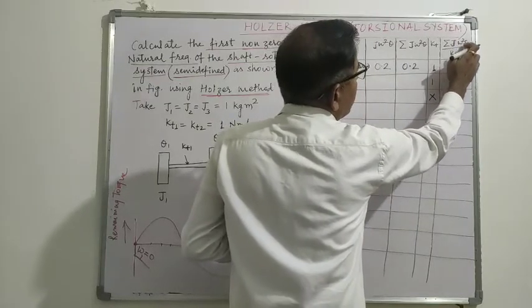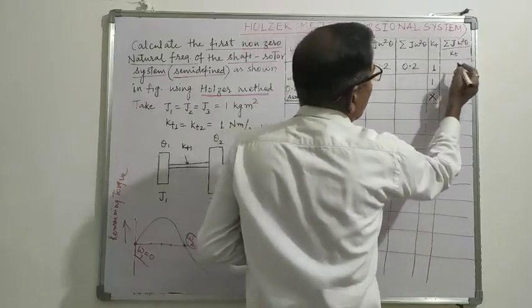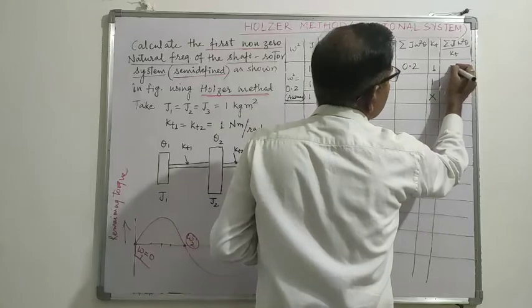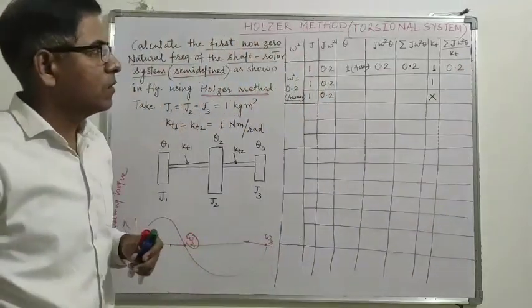Now what do we have to do here? Summation of J omega square theta divided by KT. That means 0.2 divided by 1. So the answer is 0.2. Okay.